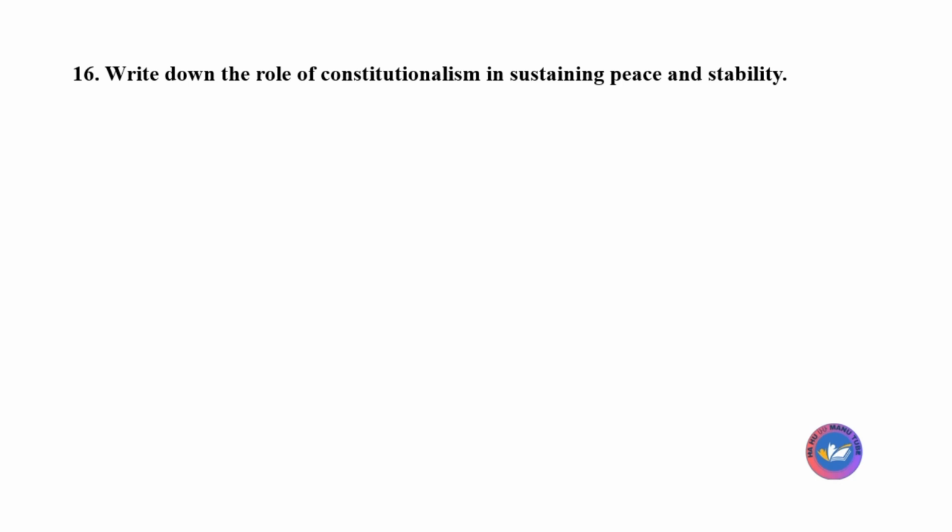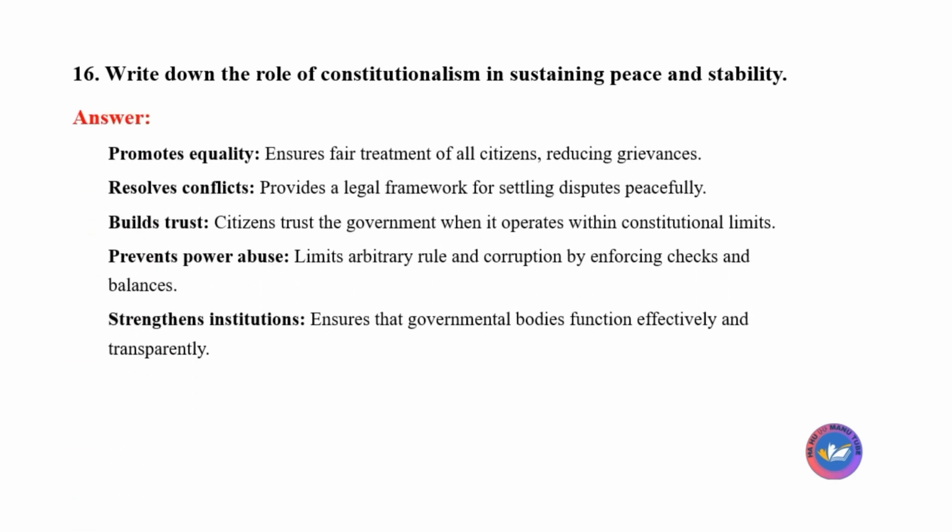The answer includes: it promotes equality, which ensures fair treatment of all citizens, reducing grievances; resolves conflicts, which provides a legal framework for settling disputes peacefully; builds trust, as citizens trust the government when it operates within constitutional limits; prevents power abuse, which limits arbitrary rule and corruption by enforcing checks and balances; strengthens institutions, which ensures government bodies function effectively and transparently.